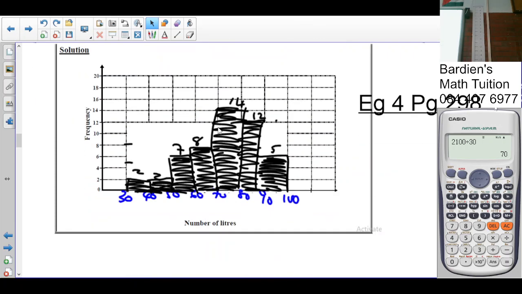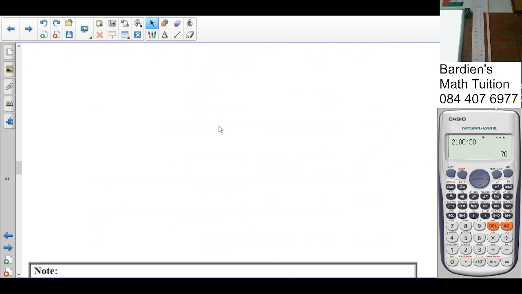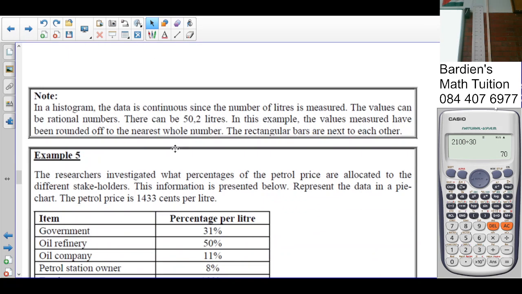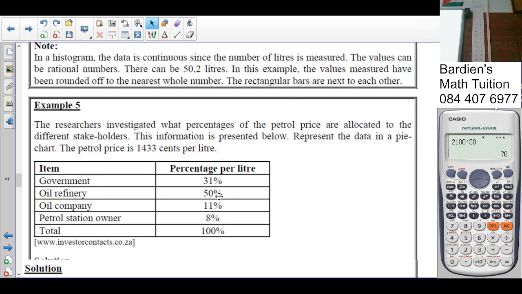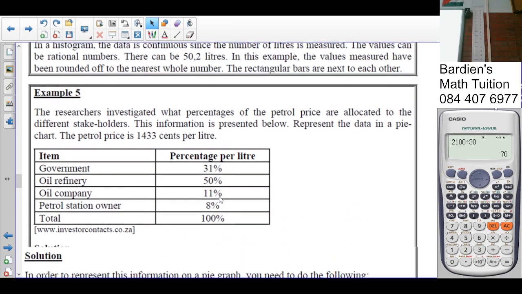Right, listen. So that's it. Example 5 we'll speak about on Monday. Please, on Monday you bring a mathematical set. On Monday we're going to talk about drawing pie graphs. Okay.